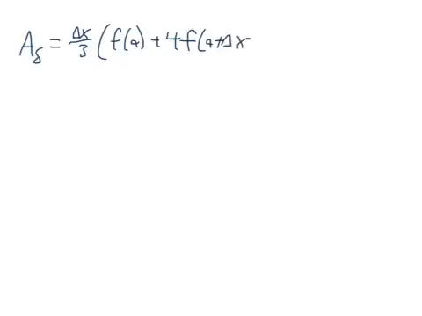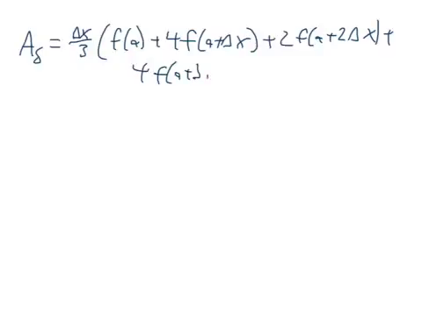So Simpson's rule, I'll quickly review the formula, is delta x over 3 times the function evaluated at the left endpoint, plus 4 times the function evaluated at the left endpoint plus delta x, plus 2 times the function evaluated at the left endpoint plus 2 delta x's, plus 4 times the function evaluated at the left endpoint plus 3 delta x's, and it bounces back and forth from 2 to 4 as long as you want to go.